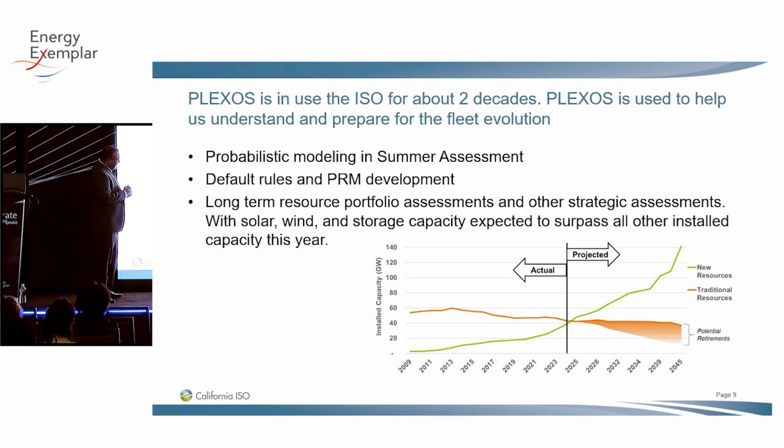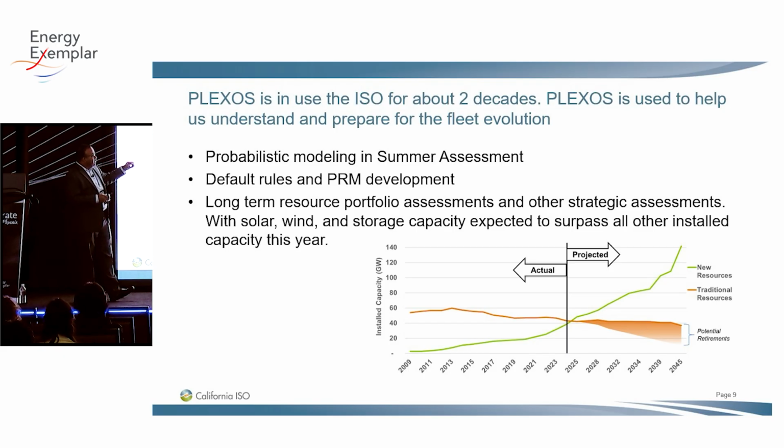And the other aspect that we want to get into is to assess the resource attributes going into the future. So the graph in the right-hand corner is basically showing you that in 2025, sometime thereabouts, all of the newer kinds of resources that we did not have, your wind, solar, storage, are going to be more than your traditional thermal resources.